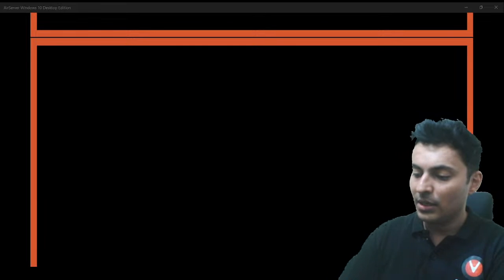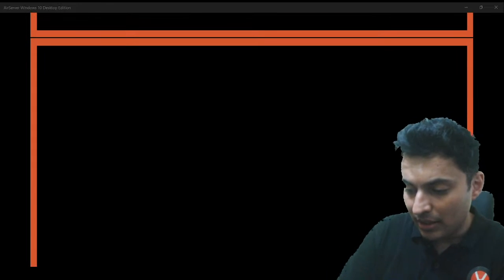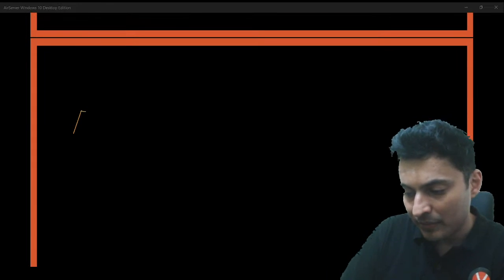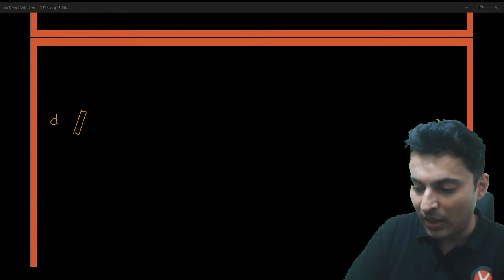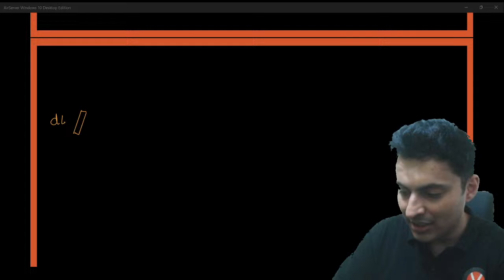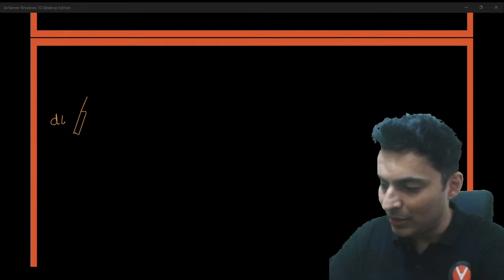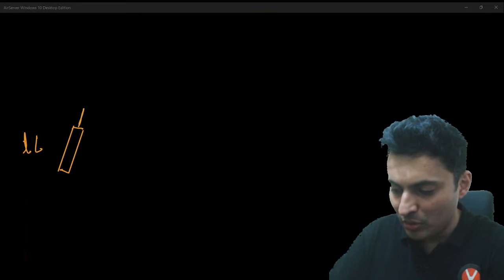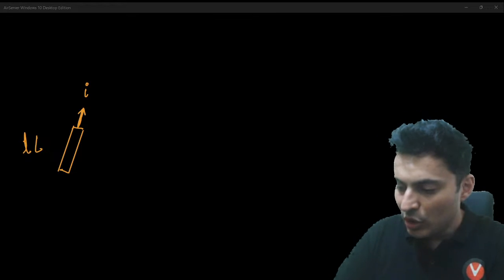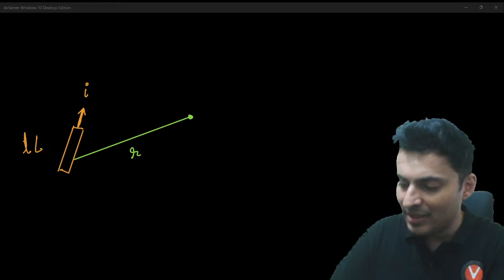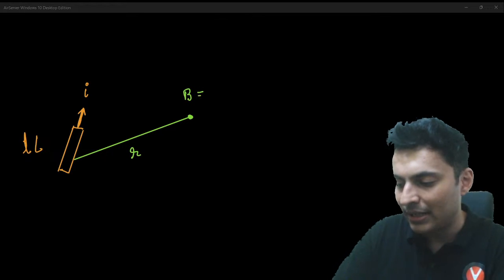Next is, if you take a small element of wire, and this I have seen many students make many mistakes. If you take a small element which is carrying some current, okay, let us show this element is carrying some current, and you are at some distance from it, let's say r, and at this point you want to find the magnetic field.